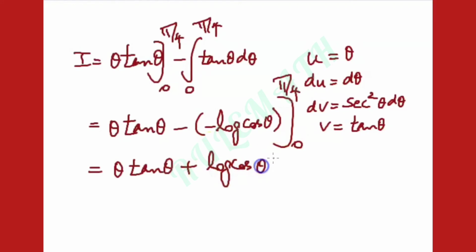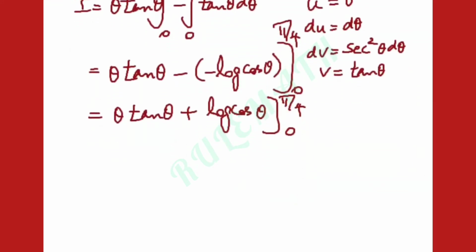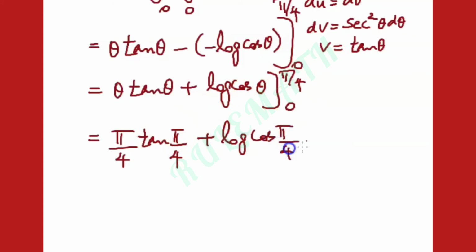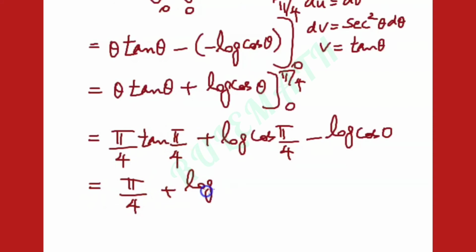So let us apply the limits now. Pi by 4 tan pi by 4, and then the lower limit is 0, just ignore, log cos pi by 4 minus log cos 0. So pi by 4 tan pi by 4 is 1, plus log 1 by root 2, cos pi by 4 is 1 by root 2, minus log 1, cos 0 is 1.